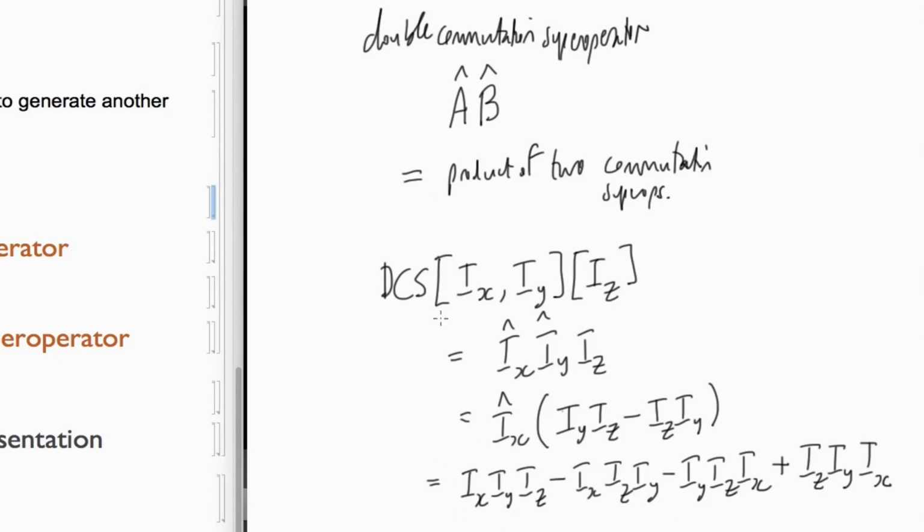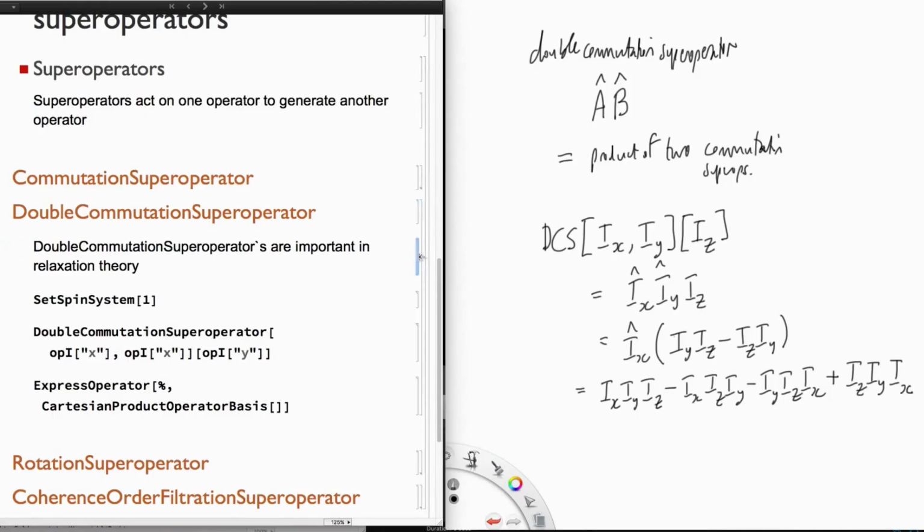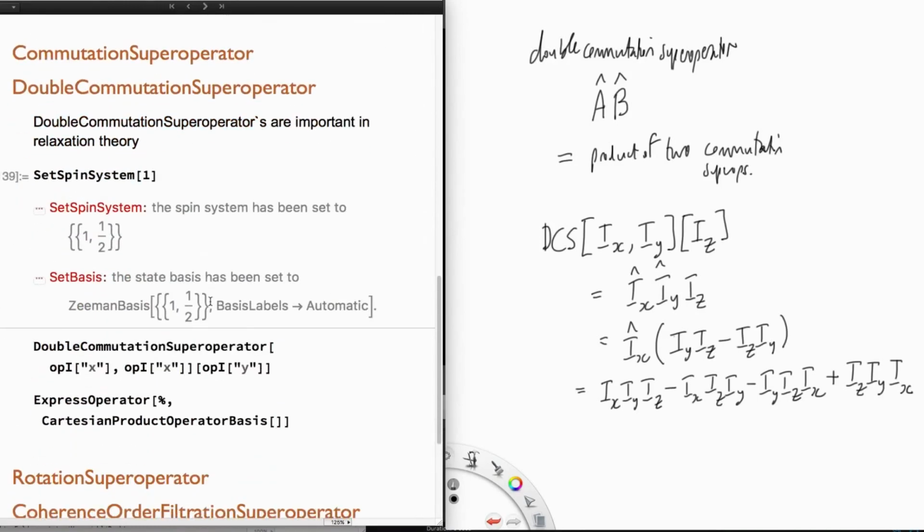And double commutation superoperators would not be of much interest if it wasn't for the fact that they describe relaxation processes in NMR. So we'll look at them in more detail later, but let's again make sure we have a single spin-a-half system.